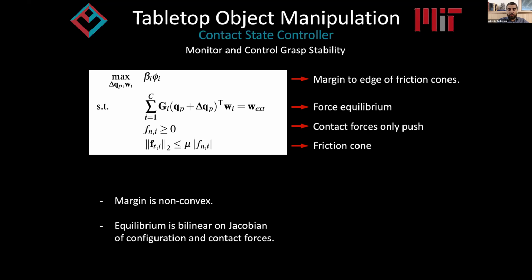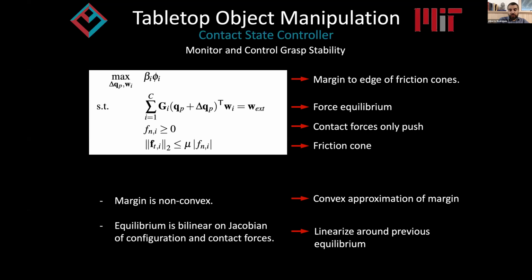In practice, because we want to be able to consume tactile feedback and react to slip events fast enough, we have to solve this optimization problem very fast, let's say at 100 hertz or 50 hertz, depending on how fast the system is moving. And the margin is a non-convex cost, and this is also complicated by the fact that the force equilibrium constraint is bilinear, so it depends both on the position of the contacts as well as on the contact forces, and those two things are multiplied with each other in that constraint.